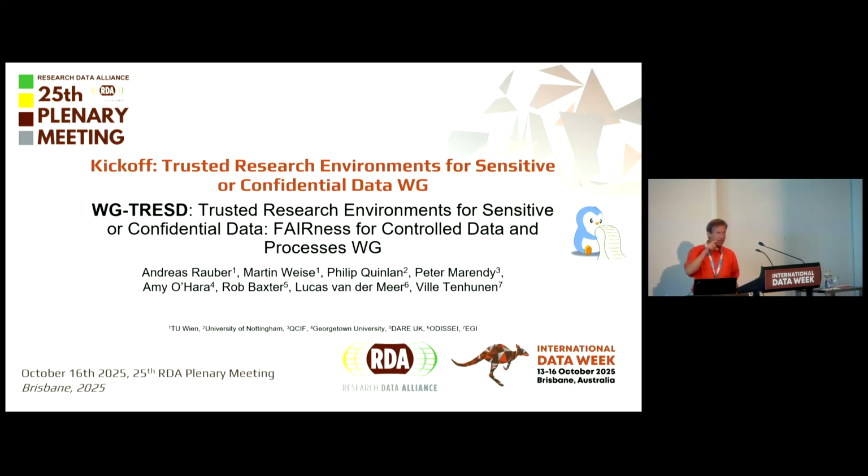So I'll try to recap briefly what has been going on and what we are trying to achieve, to give you a bit of the mission for this working group. The setting that we started off with almost 3 years ago was there's many TREs out there.